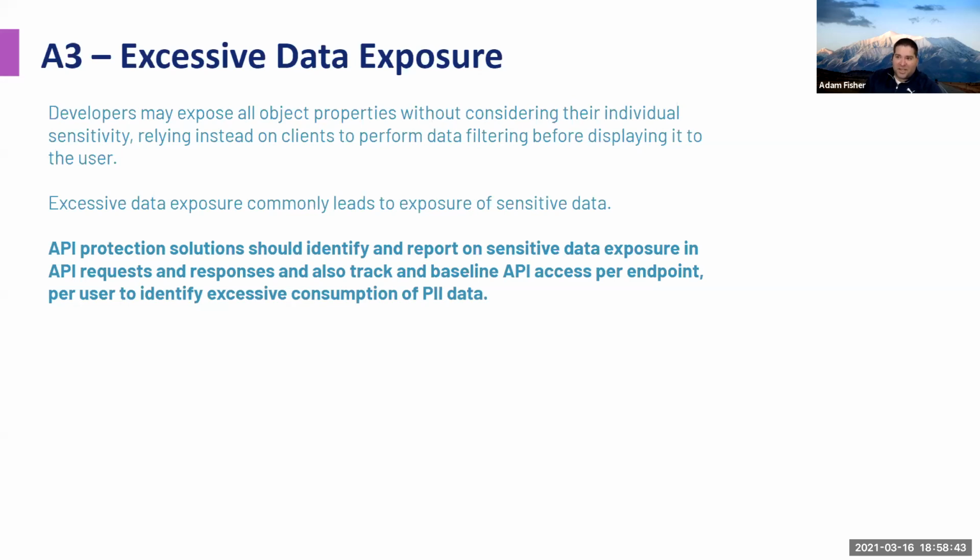And this is what we refer to as excessive data exposure. I'll give an example that I see quite frequently. I create an endpoint that says get user information, and it returns the username, first and last name, phone number, maybe the address, maybe some account information, role information, whatever is contained on that user endpoint. But let's say I only need to display the first and last name and the email address to the user.